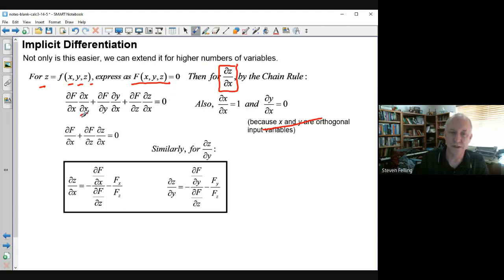We know that dx/dx is 1, so this just becomes this, and this is actually equal to 0. There's a typo in the notes. It's really not because x and y are orthogonal, all the input variables are orthogonal.